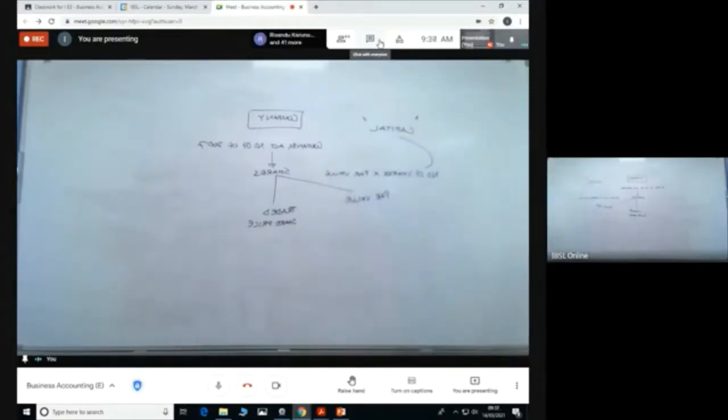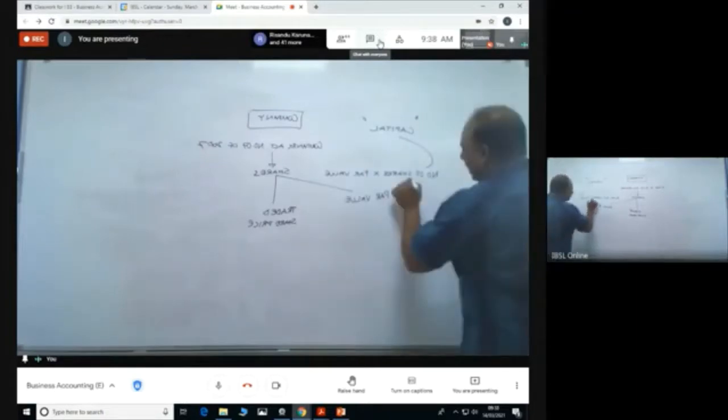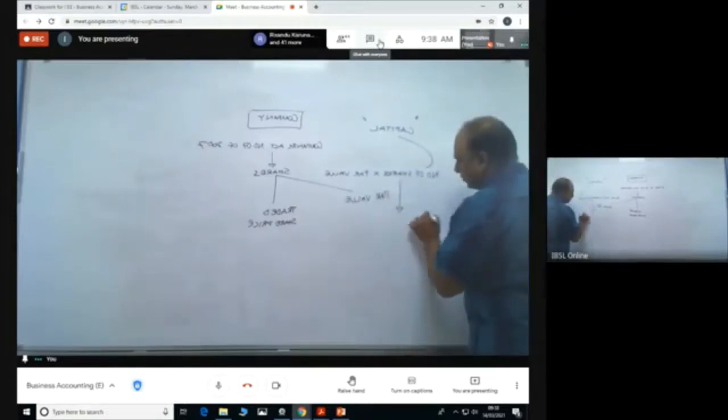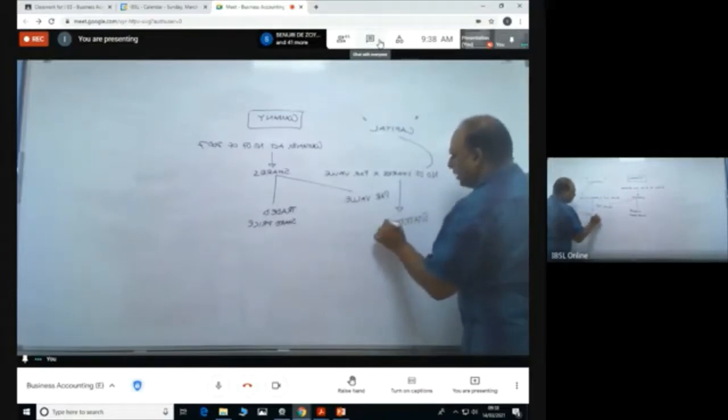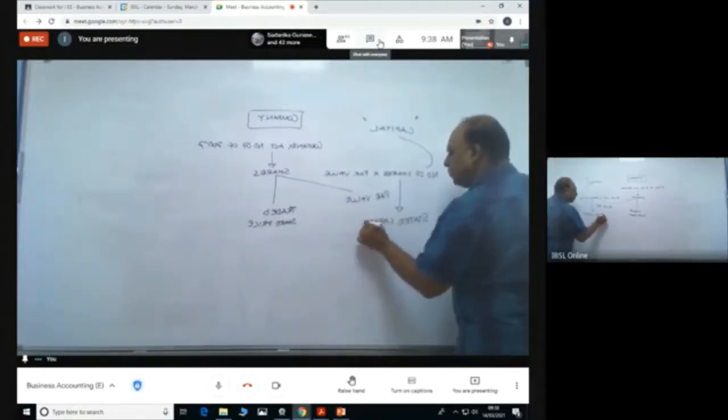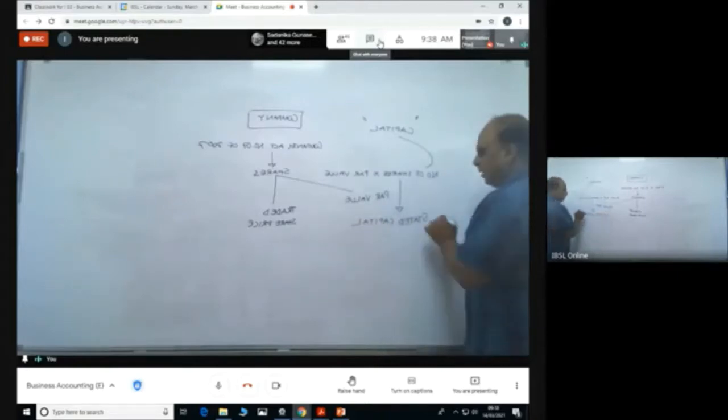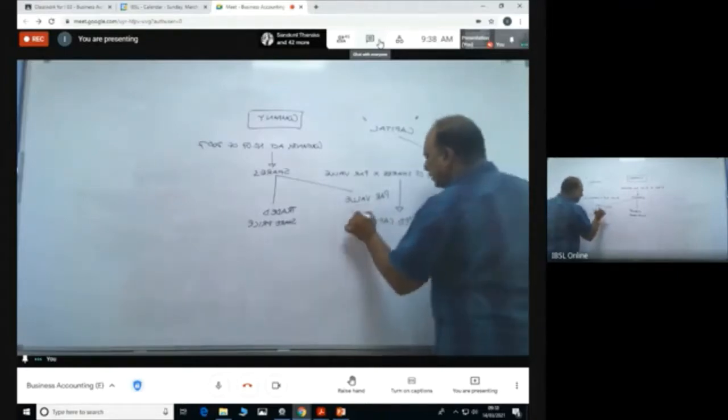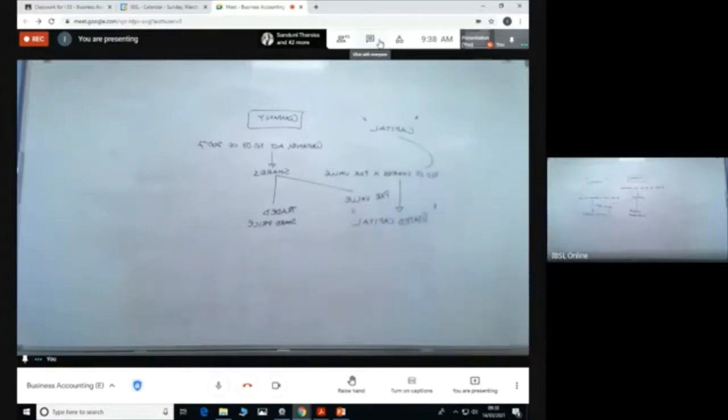That is basically known as the stated capital. So we don't call it share capital. The name given for that is stated capital.